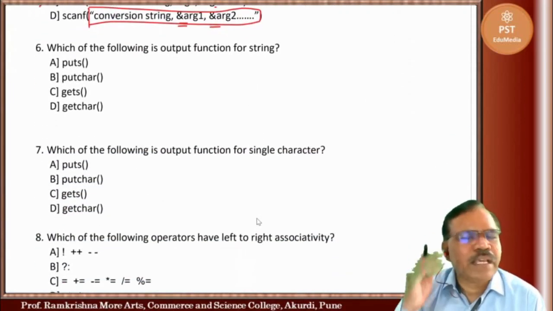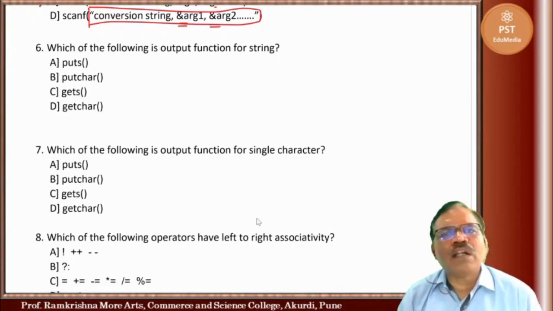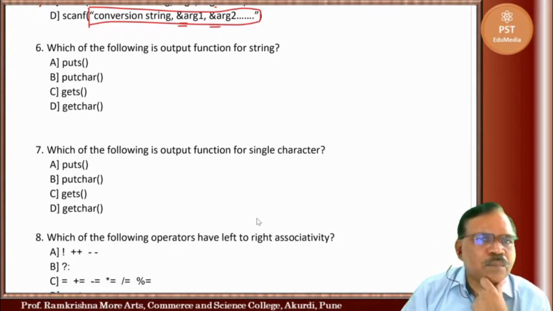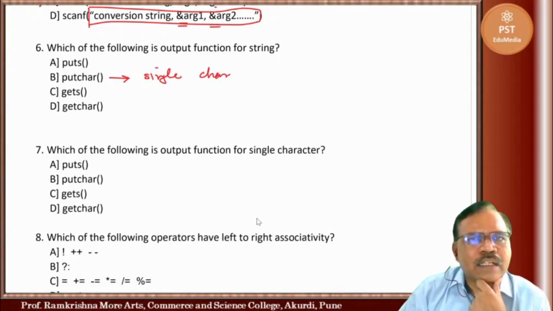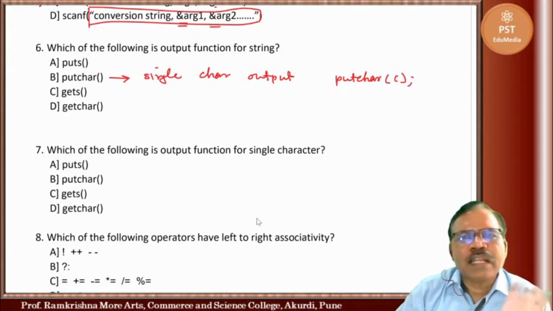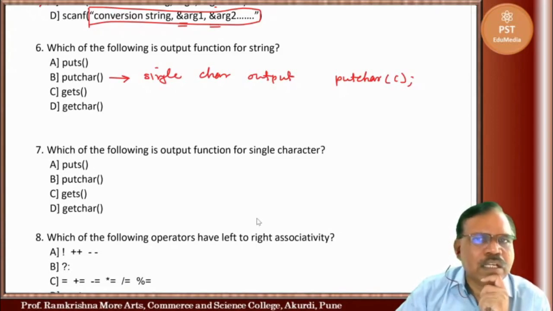Now which of the following is an output function for a string? Here putchar is for a single character output function. We use putchar like this. putchar(C) means whatever the value of C, that is given on the output.